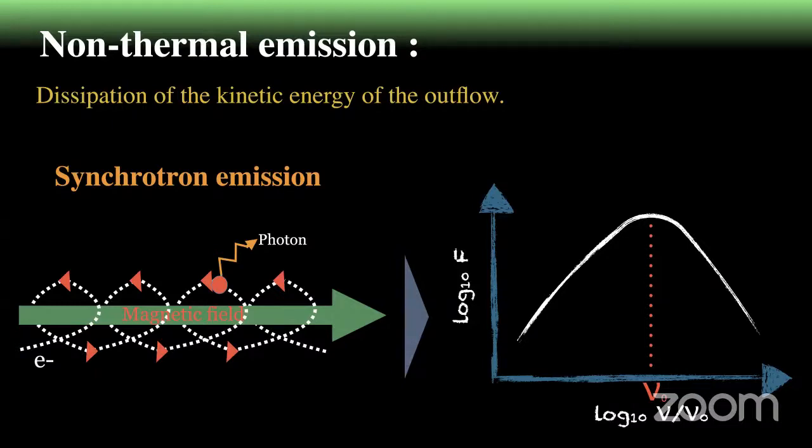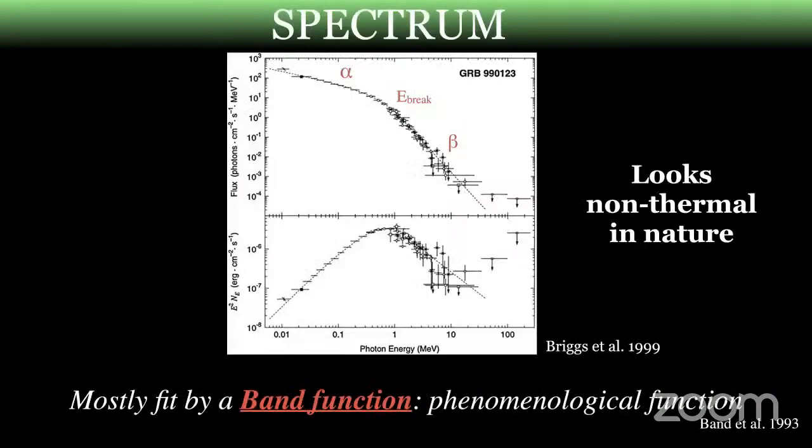Relative to the thermal spectrum, the low energy part of the synchrotron spectrum is much, much softer. And as you know, a GRB spectrum is generally modeled using a phenomenological function called the Band function, which is nothing but two power laws smoothly joined.